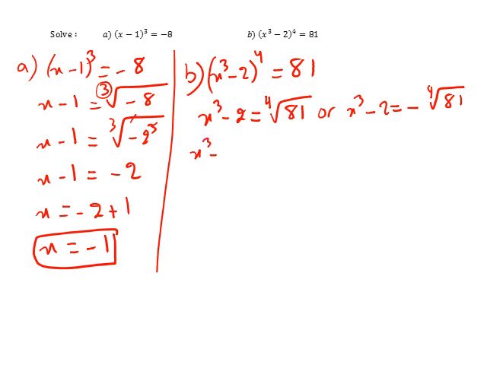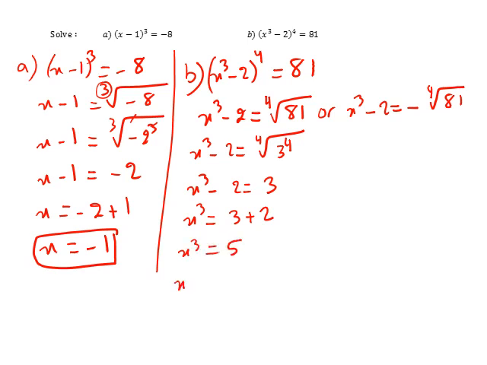X cubed minus 2 equal 81 is 3 power 4, so x cubed minus 2 equal 3. X cubed equal 3 plus 2, x cubed equal 5. So x equal radical 5 index 3.